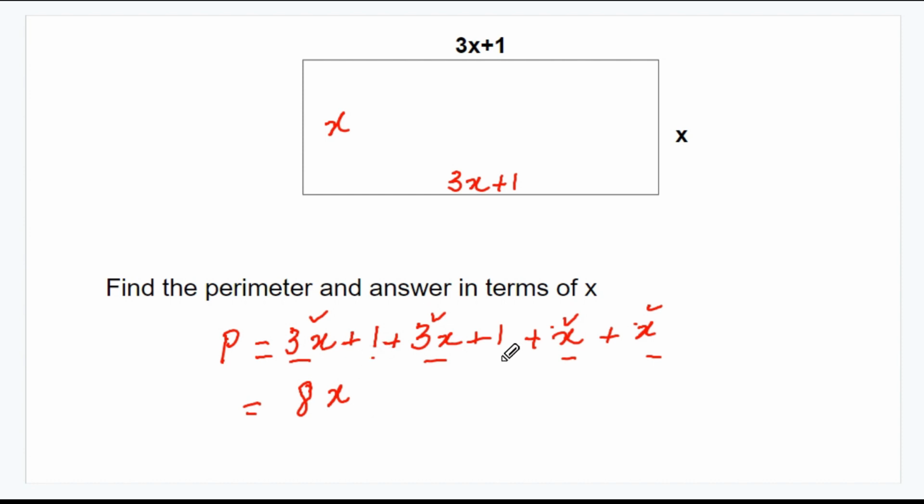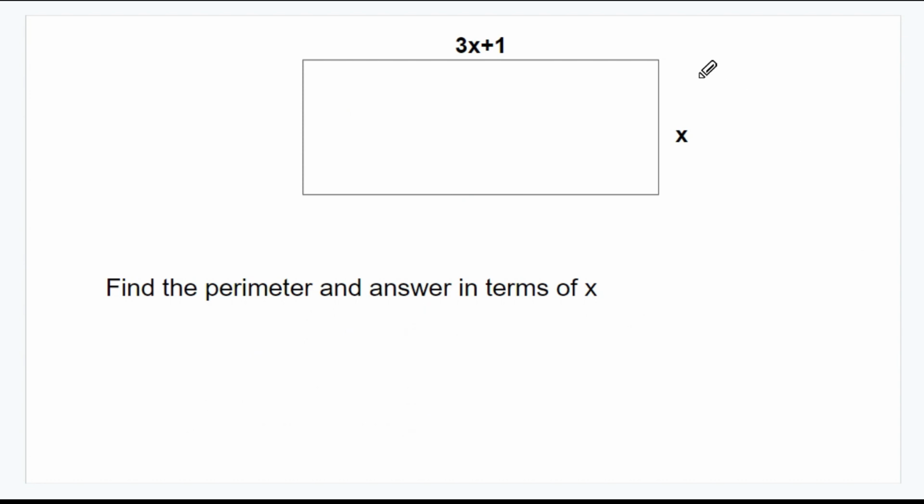Here we have 1 plus 1 equals 2. So now look at which equation we are left with: P equals 8x plus 2. Now what they have asked is that you need to answer in terms of x.